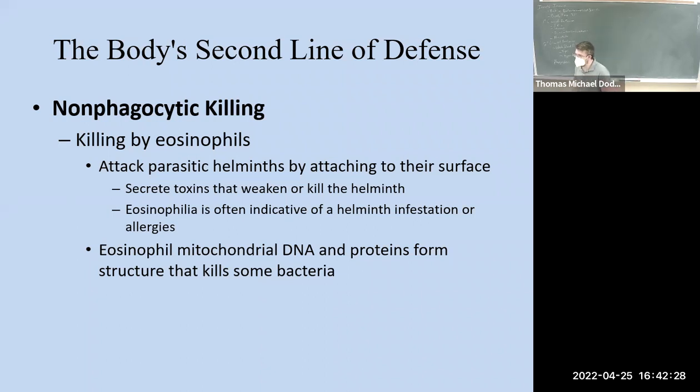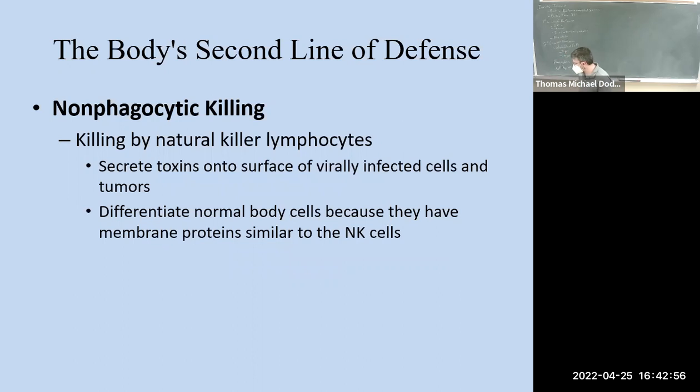You don't have to be that specific, just that there are some types of white blood cells that don't do phagocytosis but still kill. Okay? Let me write that down. Okay. Natural killer lymphocytes are another way. Again, a lot of toxins here that are secreted.